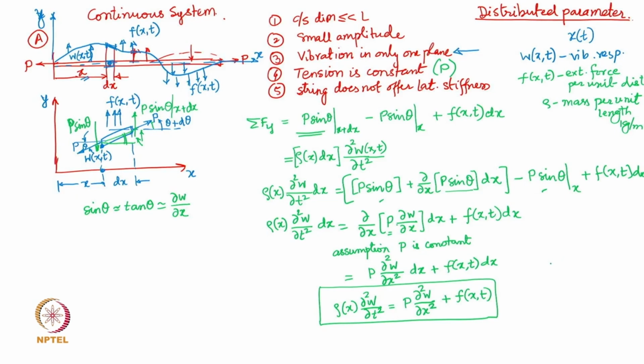So we wrote that as m x double dot plus kx equal to 0. These derivatives with respect to time were ordinary derivatives, and in lieu of that, in the continuous system what we get are the partial derivatives of the response variable w.